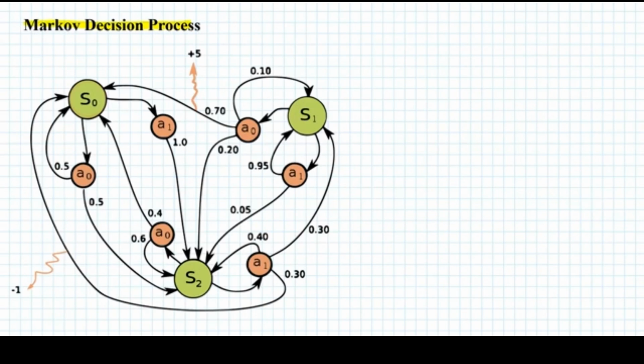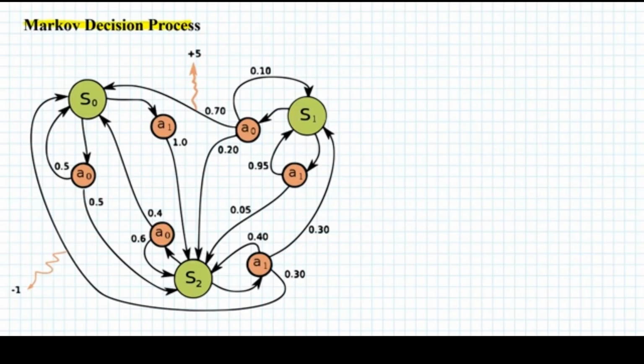So for example, if in state S0 the agent takes action A0, then the probability of transitioning back to state S0 will be 0.5, and the probability of transitioning to state S2 will be 0.5, and the process cannot transition to S1 from S0 under action A0.